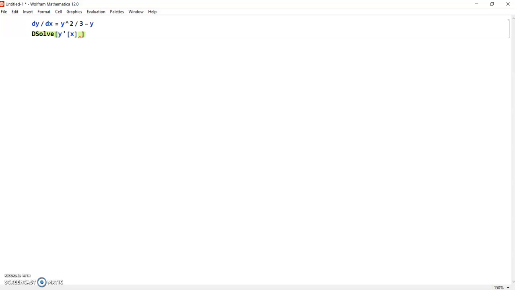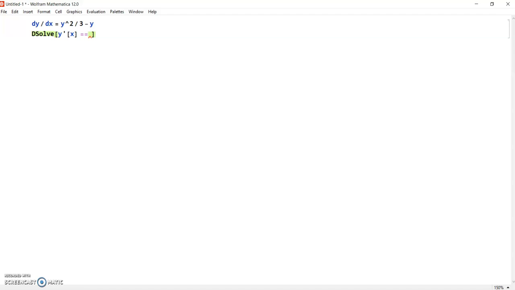So this will show over here, y prime of x is now showing as dy over dx. Now I have to put the equal sign. But one thing you should remember is that when you are inputting the equation, you have to put a double equal sign.